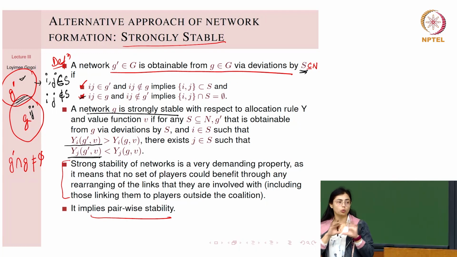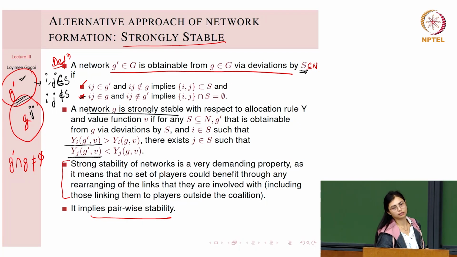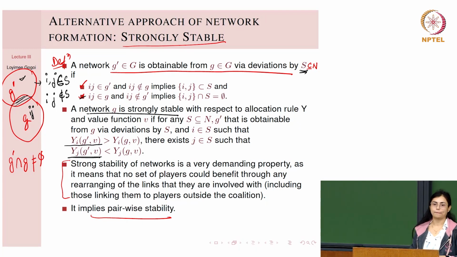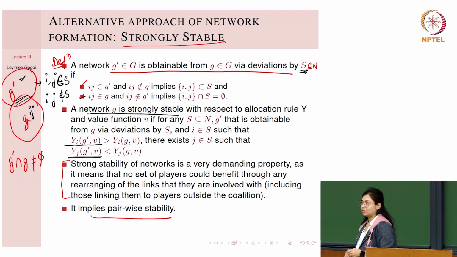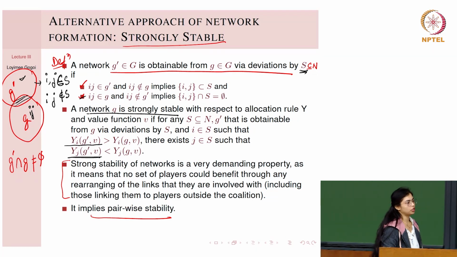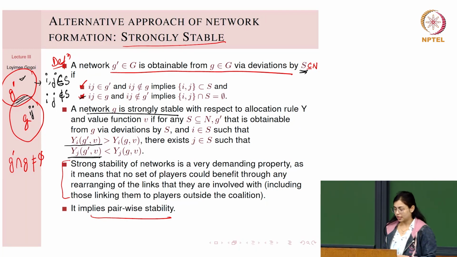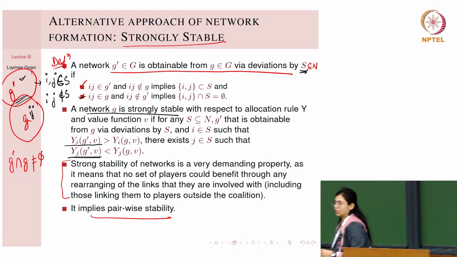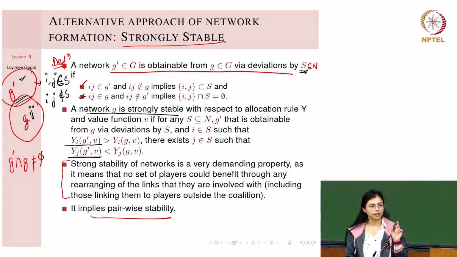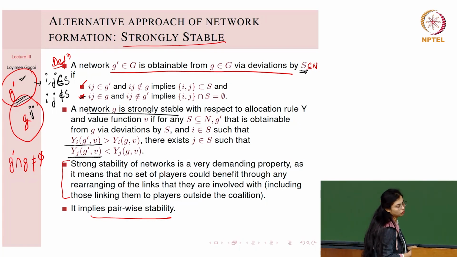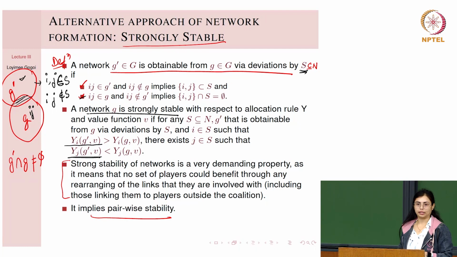They don't want to rearrange their network structure. Okay. So this strongly stable concept is associated with a set of players. Suppose it is associated with one particular player or a pair of players, then we can say it is similar to the pairwise stability concept.